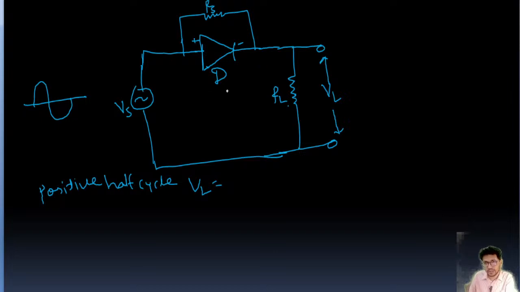This means the voltage across RL, that VL, is going to be equal to VS, whatever voltage is in input.